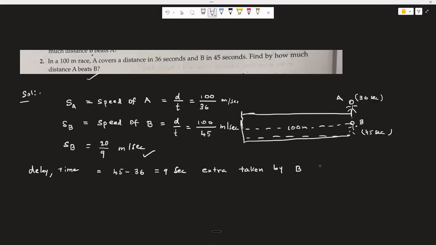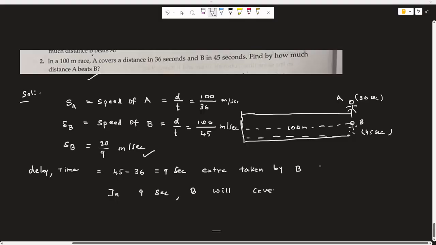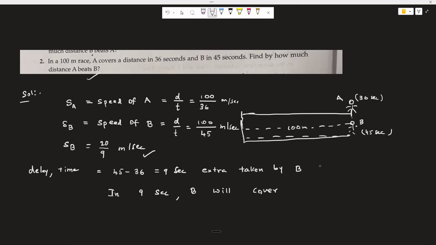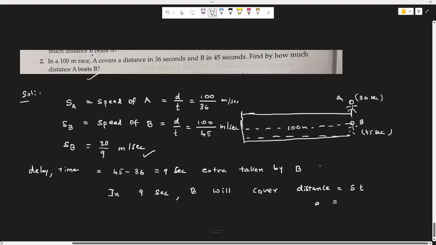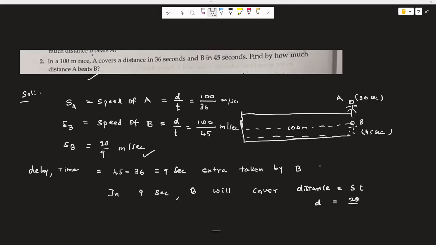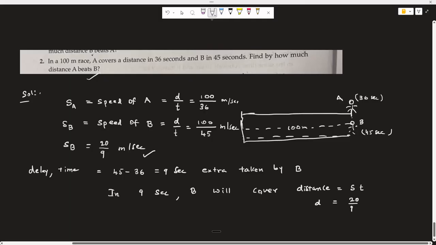So let us calculate that. Write down: in 9 seconds, B will cover a distance. Distance is equal to speed into time, S into T. We already know the speed, 20 by 9, into 9.